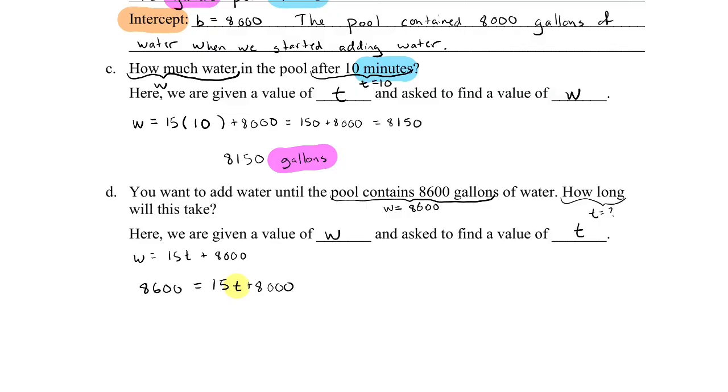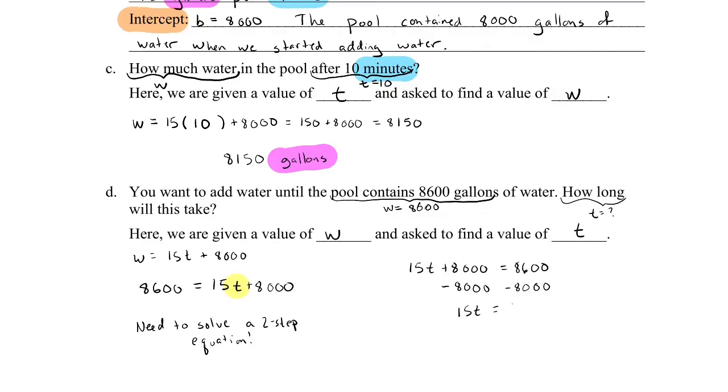We need to solve this. I'm going to rewrite this with the t on the left side. So 15t plus 8,000 is 8,600. I'll subtract 8,000 on both sides. So I'm left with 15t equals 600. And now we'll divide both sides by 15.